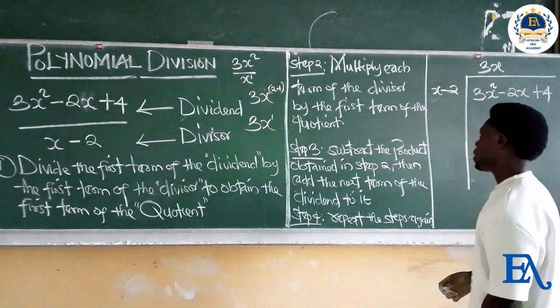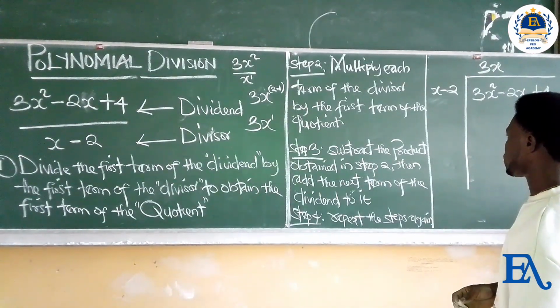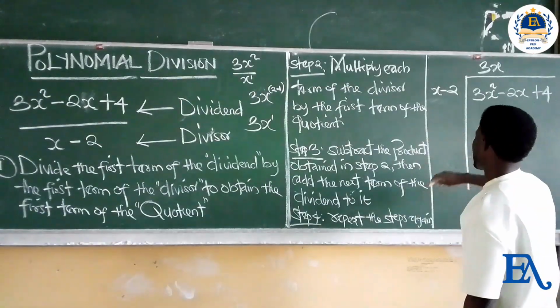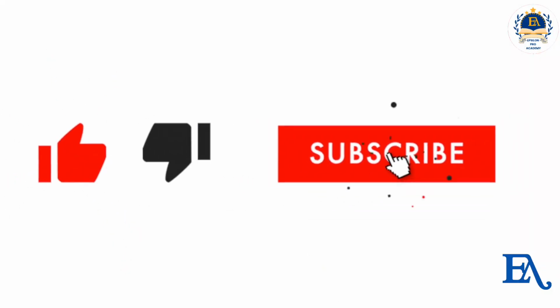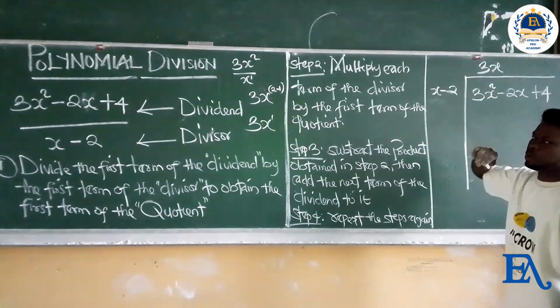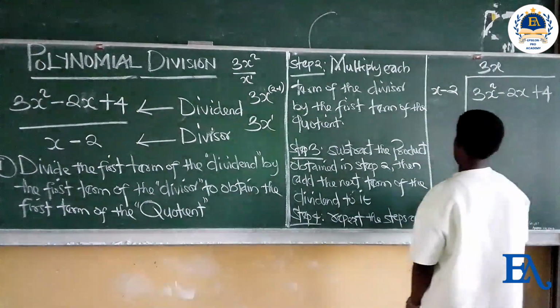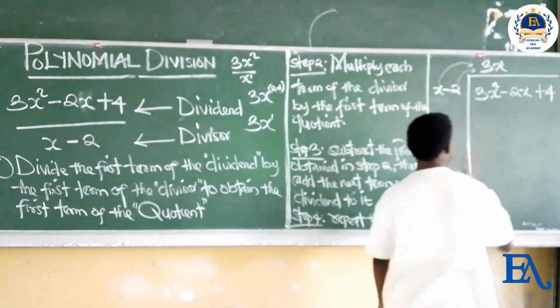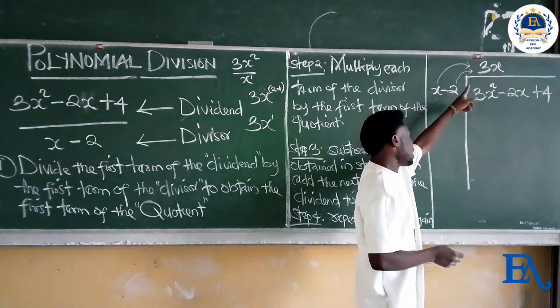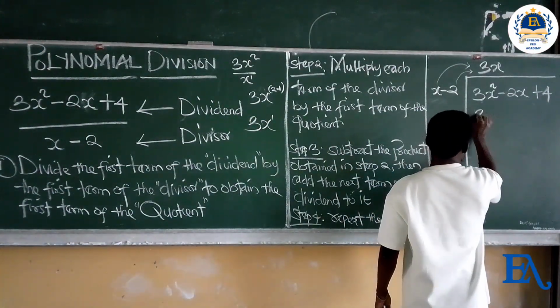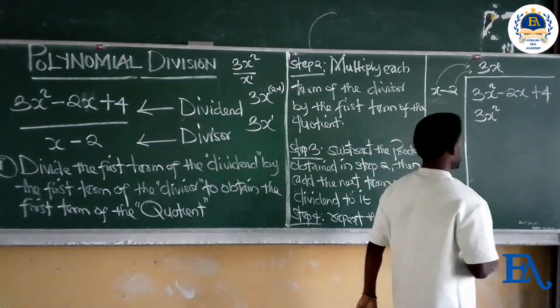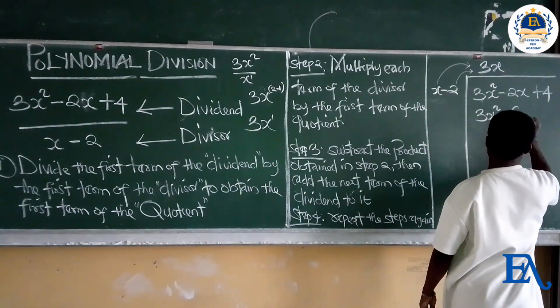Step number 2, multiply each term of the divisor by the first term of the quotient. So that becomes x times this and minus 2 times this. That is the meaning. So if you multiply this by x, we are going to have 3x squared, minus 2 times 3x gives minus 6x.